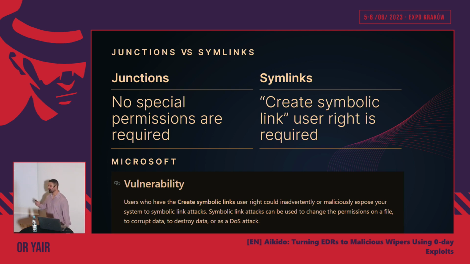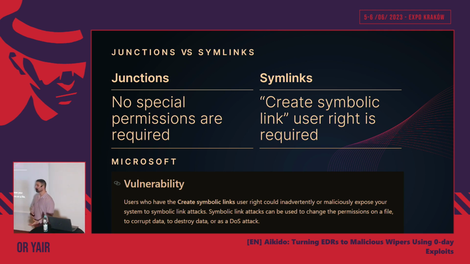But the funny thing that I saw is that in the NTFS file system, we have 3 types of links. So we have hard links, junction points, and symbolic links. Hard links don't matter that much for this discussion, but junction points, from a high-level point of view, work exactly like a local directory symlink.